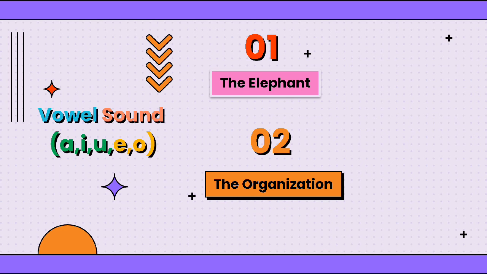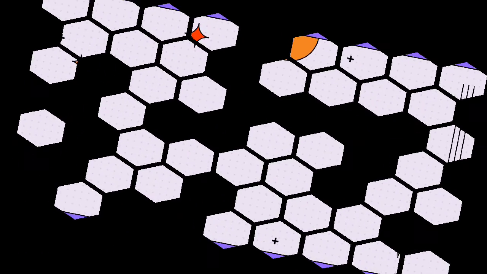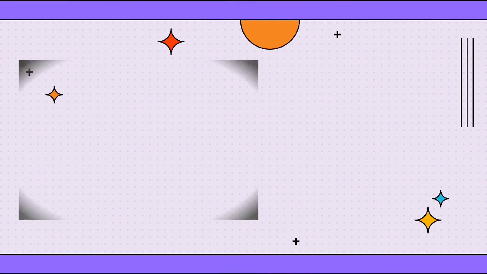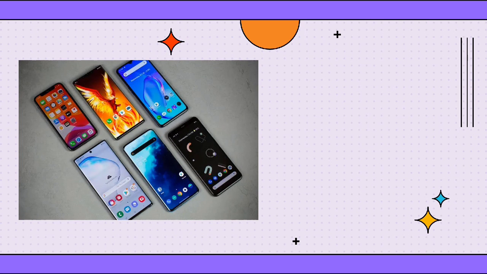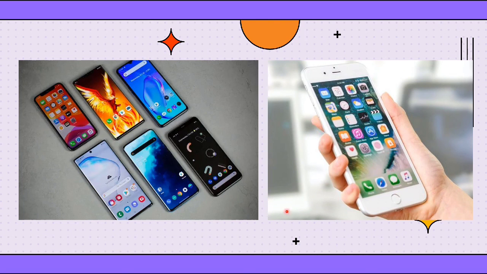Okay, for another example, to help you understand better. When you hold a smartphone, you have to explain the smartphone you are holding.